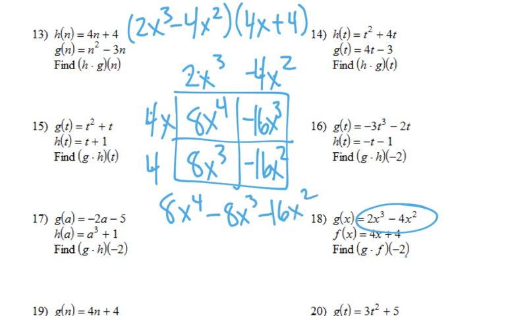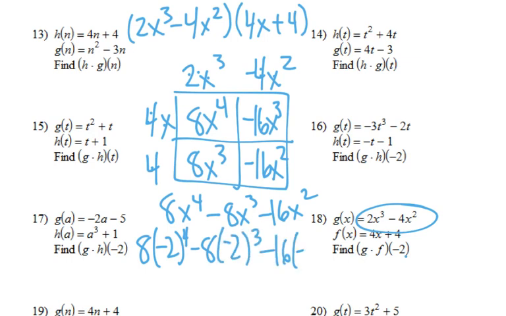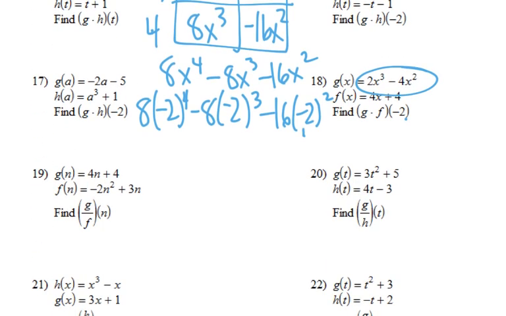Then we plug in another negative 2. Apparently we really like negative 2 on this one. So negative 2 to the 4th minus negative 2 cubed minus negative 2 squared. So positive 4 times negative 16 would be a negative 64.